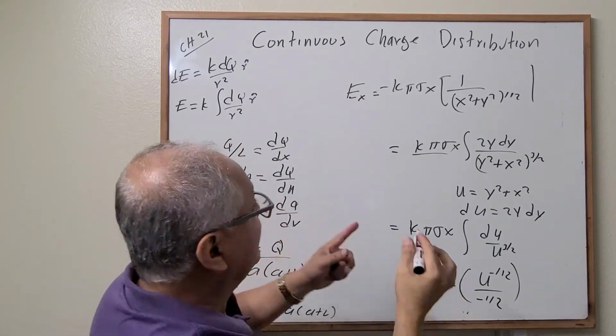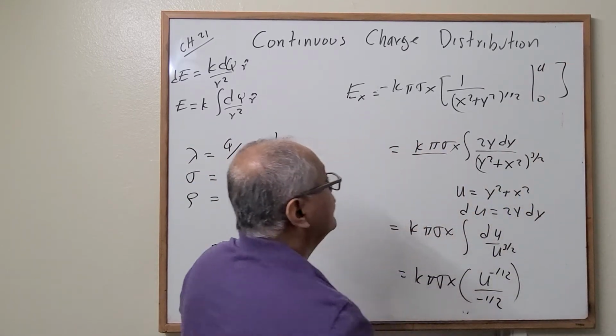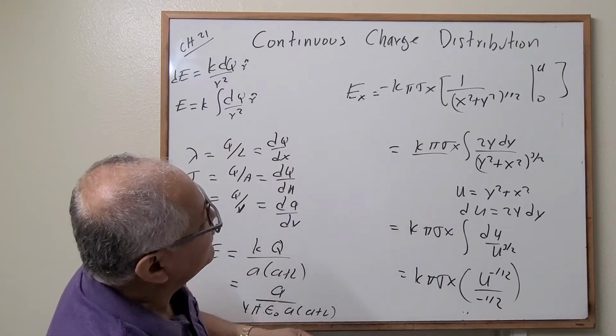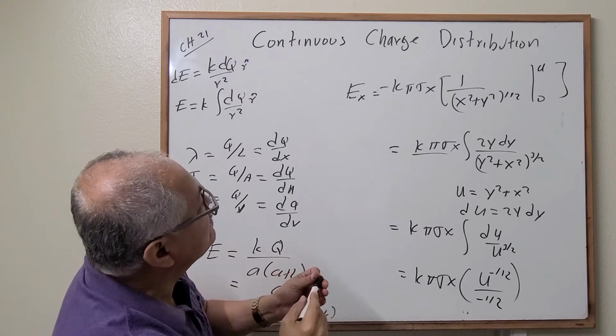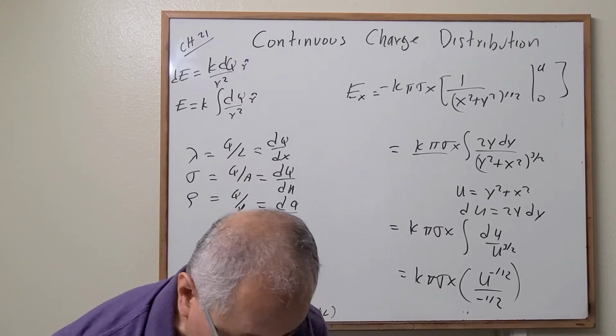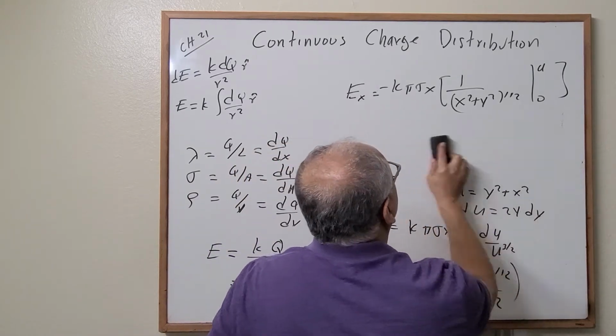I erased it. Okay, from 0 to a. Correct? From 0 to a. Perfect. And when we do the calculations, we'll get that the answer is this one.